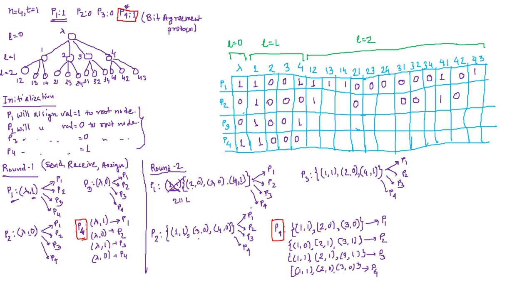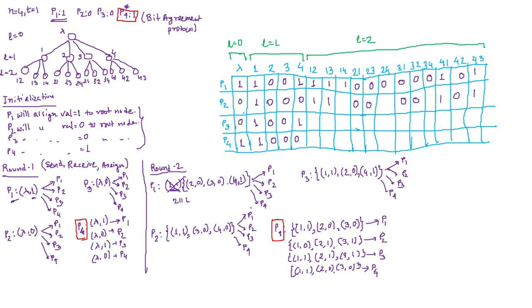For P3, coming here, P2 received 1, 1, 2, 0, 4, 1 from P3. So P2 will assign value 1 to node with label 1, 3. 1, 3 gets the value 1. 2, 3 gets the value 0. 4, 3 gets the value 1.